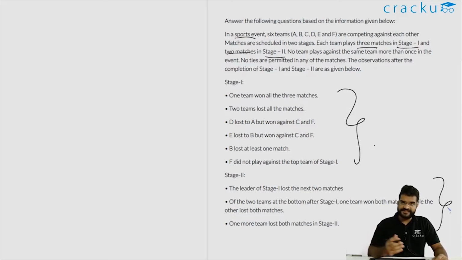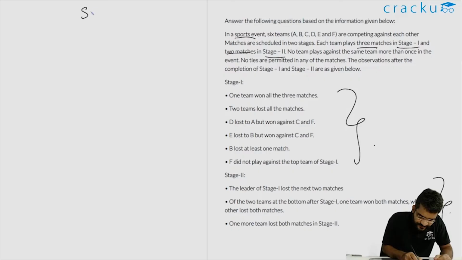Let us draw the tables for stage 1, and we'll do the same for stage 2. We'll go through the clues and try to identify. So this is for stage 1. We will draw 3 columns.